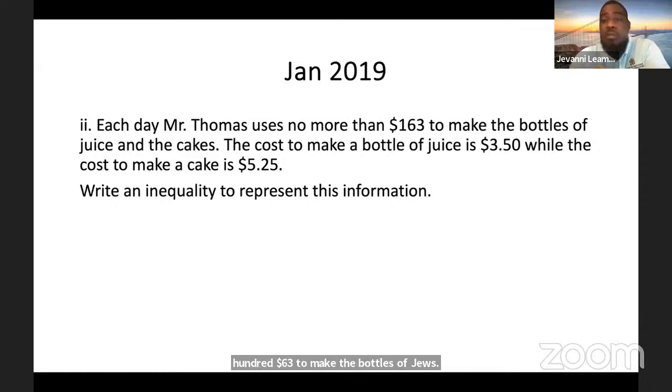The cost to make a bottle of juice is $3.50, while the cost to make a cake is $5.25. They want you to represent this information as an inequality. So I'm going to give you all some time, and then we'll see what happens thereafter.